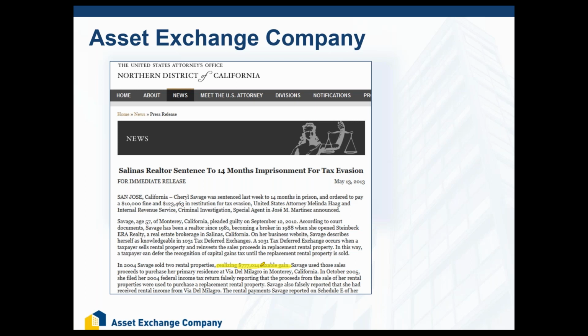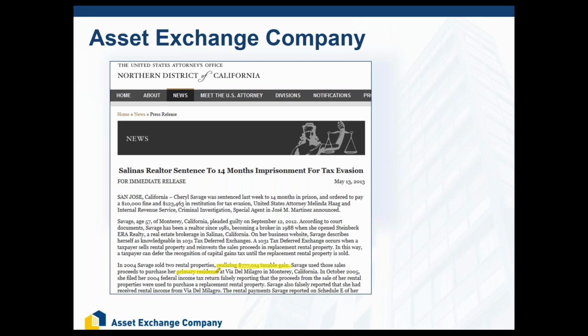The problem with what Cheryl did was when Cheryl did her exchange, she sold the property and she purchased a primary residence. Okay, that is not allowed. And Cheryl knew that you could not sell a rental property and exchange into a primary residence. So what Cheryl did was she falsified her tax returns to make it look like the property she bought in the exchange and was living in was a rental.